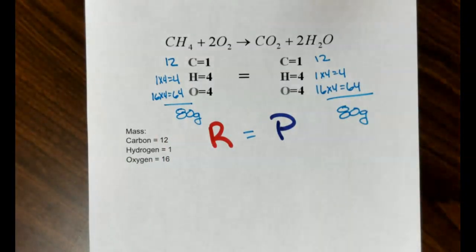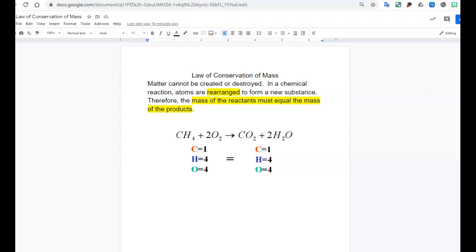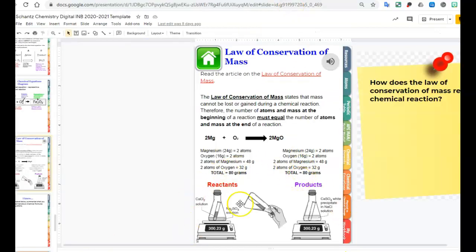So in our chemistry lab, we have another scenario. If we look at the bottom, you see you had calcium chloride reacting with sodium sulfate. You end up with a mass in the beginning of 300.23 grams. You have the reaction taking place, and then in our products, you notice we have totally different compounds, CaSO4 and NaCl.